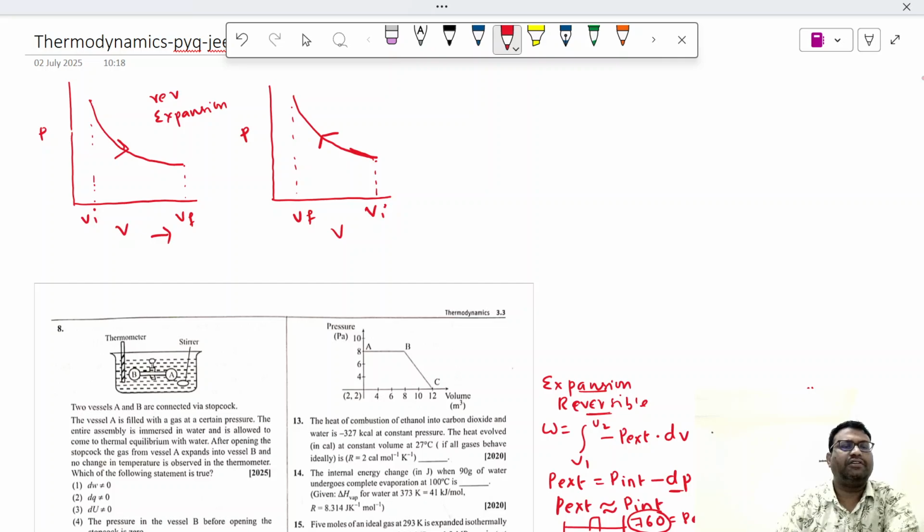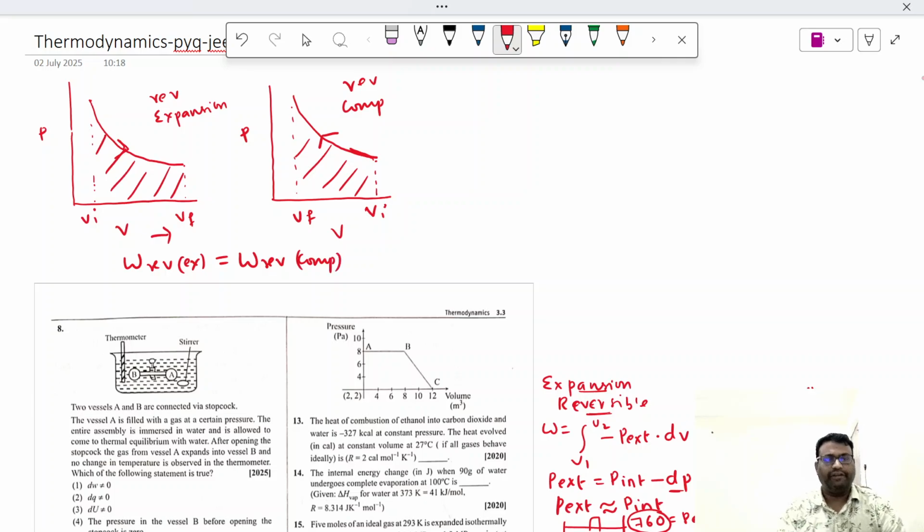Work done is the area under the PV graph. Both areas are the same. This is again reversible compression. That means work done in reversible expansion is equal to work done in reversible compression. Okay. So these two are the same.